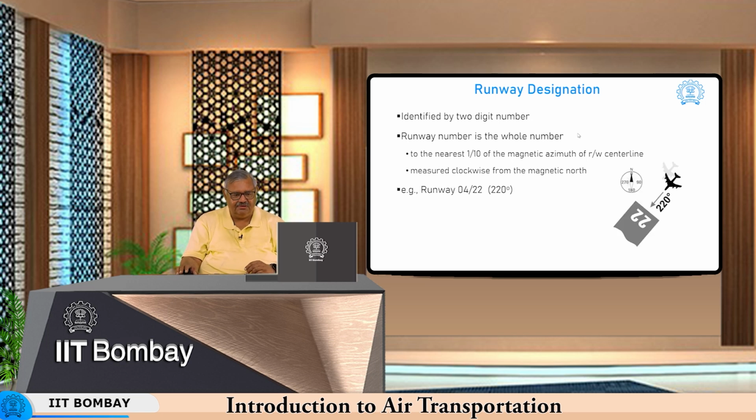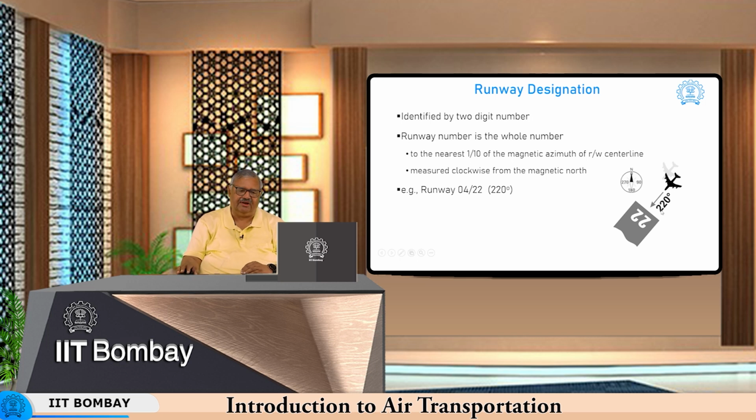For example, if the runway is inclined in such a way that when you land, the angle that you make is 220 degrees, right, this one for example, okay, that is 22. So, runway 22 means 220 degrees, and when you come from the other end, your angle at the end will be 40 degrees from the north.